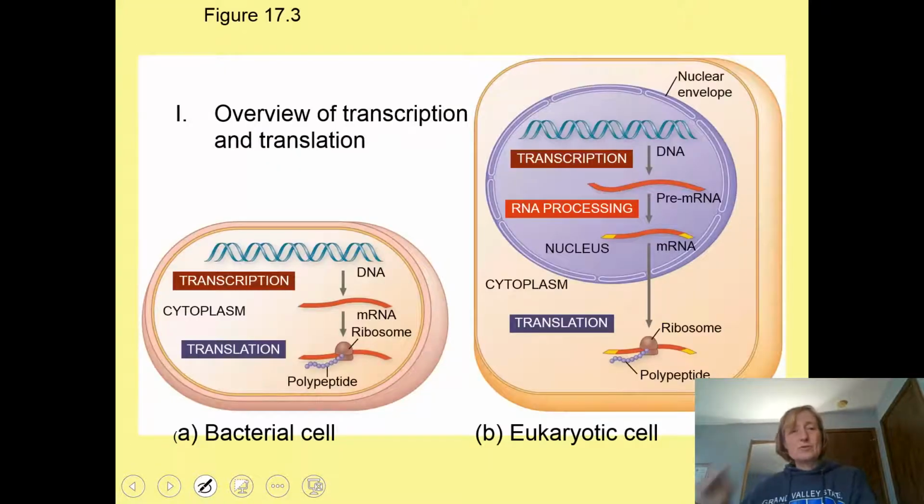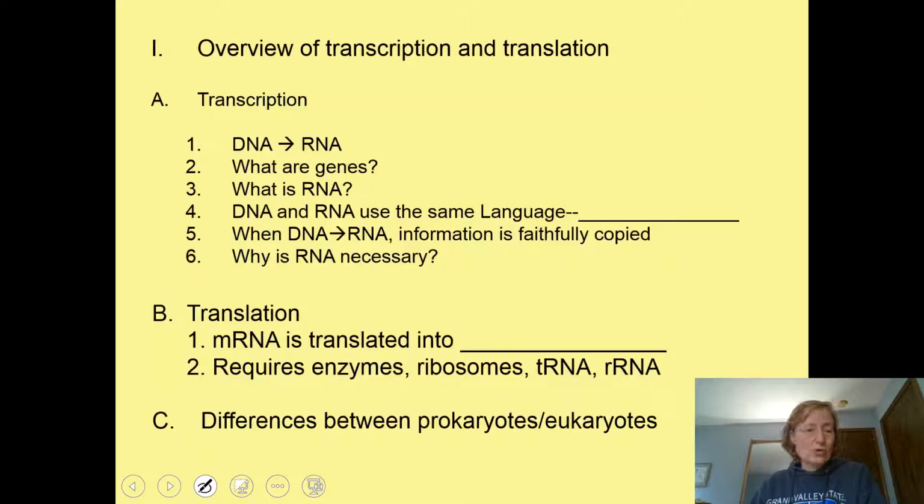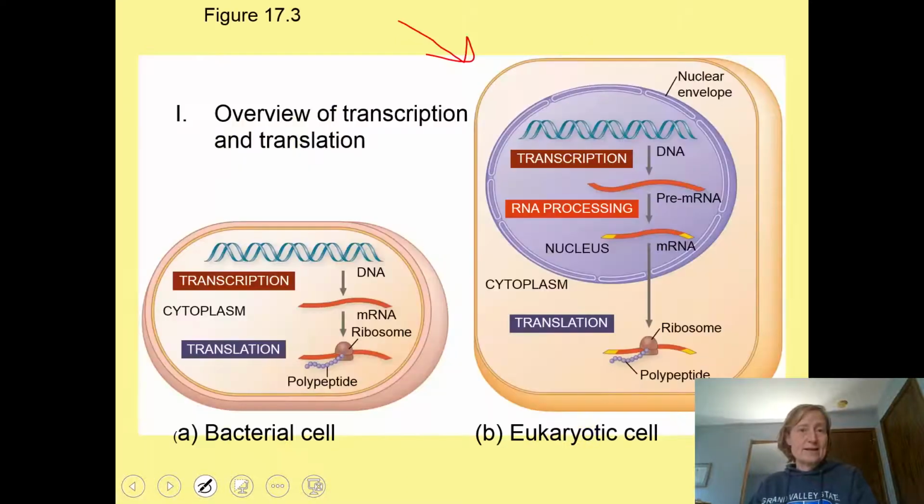Here's an overview of both transcription and translation in a bacterial cell and in a eukaryotic cell. We're going to focus primarily on the eukaryotic cell because that's just where we're headed. I have some questions here that we're actually answering, but I want to look at the picture while we're answering them. So you can be writing things down on this slide, if you will. So first of all, if we're looking at a eukaryotic cell, we see the cell. This maybe is a plant cell.